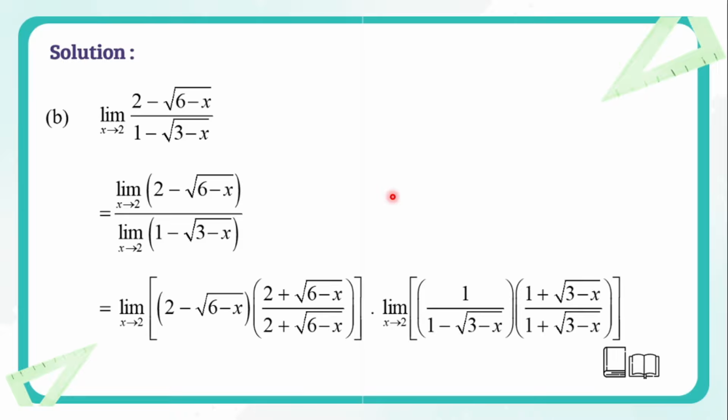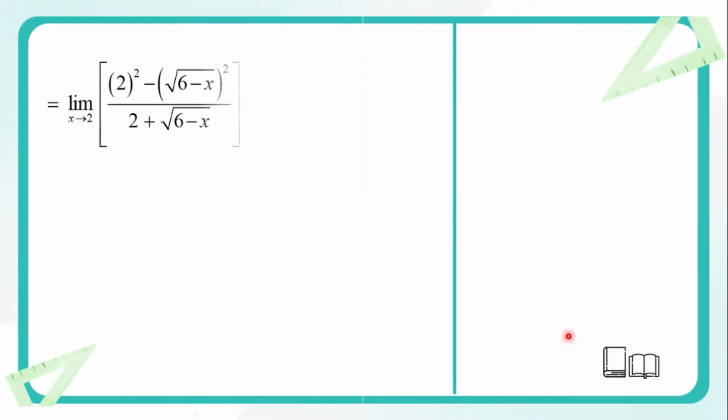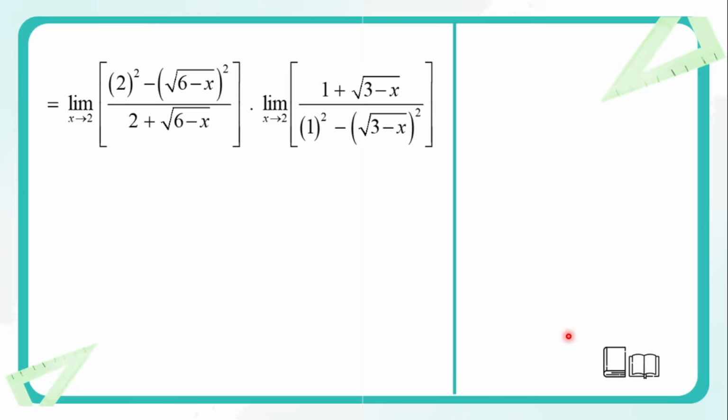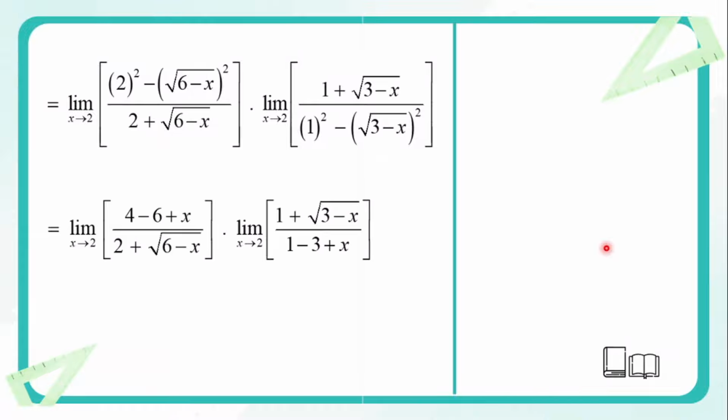We just expand the first term with the first term and the last term with the last term, same with this denominator, and get this. Here we apply the rule of square root on the left side, and on the right side at the denominator, and get the limit of (4 − (6 − x)) over (2 + √(6 − x)) as x approaches 2, times the limit of (1 + √(3 − x)) over (1 − (3 − x)).